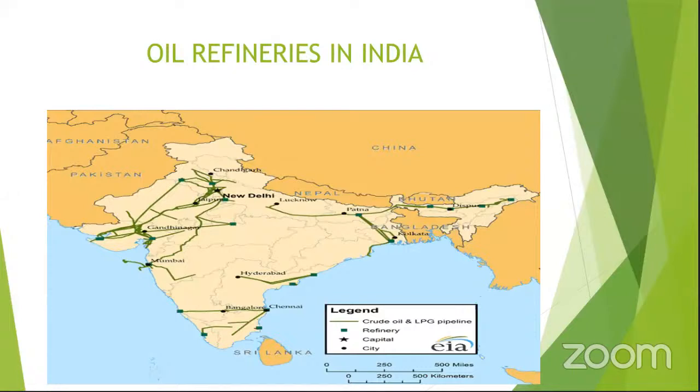So in Lucknow, Patna, Jaipur, Gandhinagar, Chennai, Hyderabad, these refineries are present mostly on the coast because the pipelines are connected to the coast, and also the ship routes. Through ship routes it is easy to bring oil to the ports instead of transporting to the interior parts.